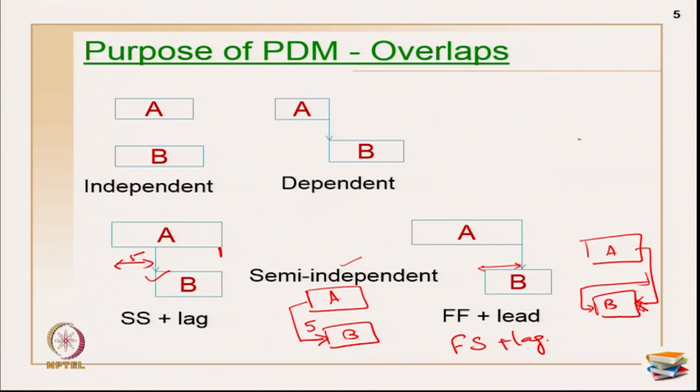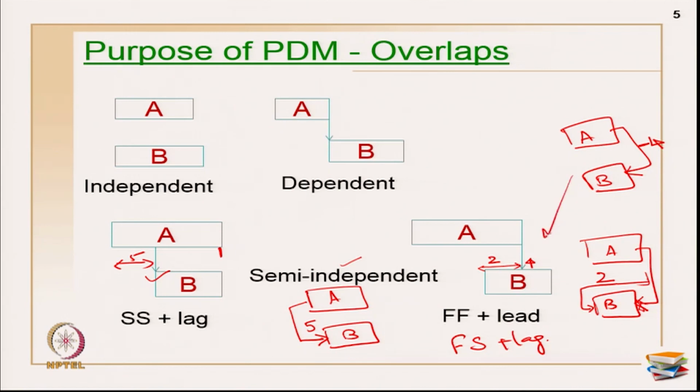Or I can have the same activity A and activity B, and put the finish relationship but show a lead, minus some number, maybe 4. Here I am representing maybe 2, so this can be 2 and this can be 4. So, before 4 days of B's completion, activity A has to be completed.